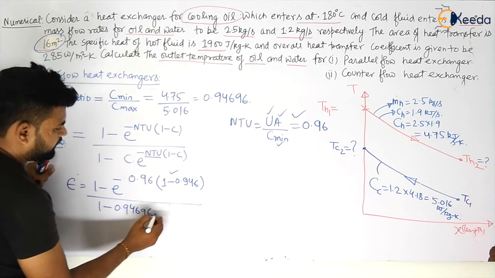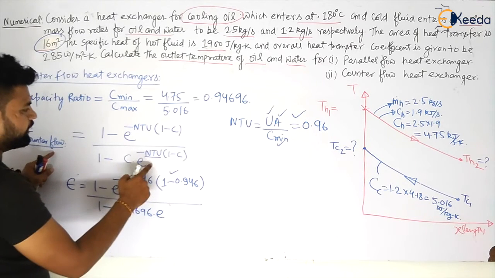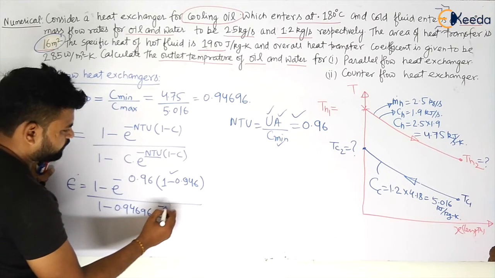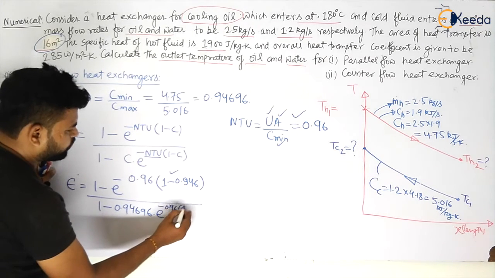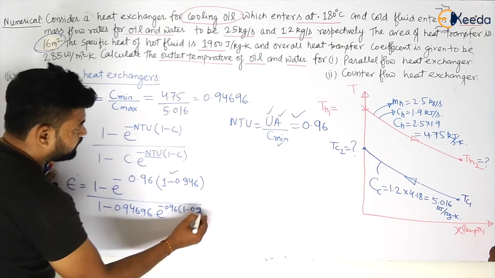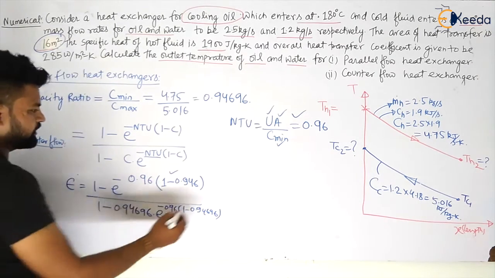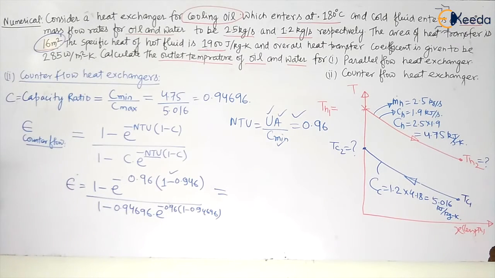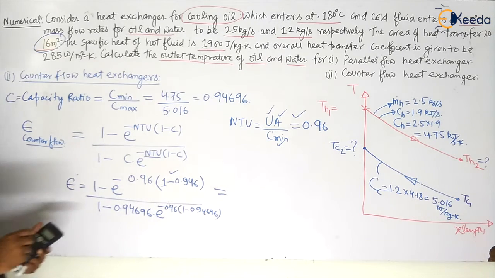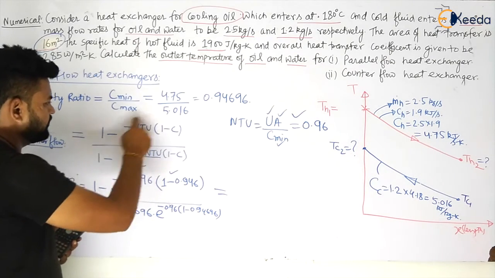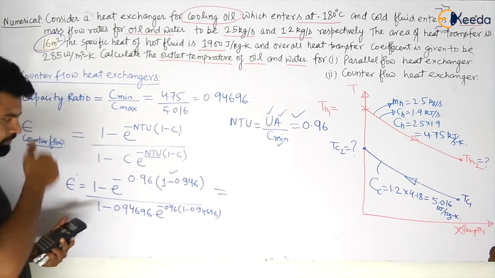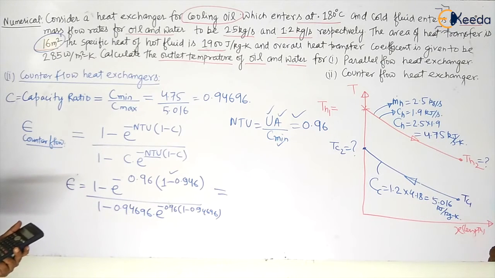It is 0.94696, multiplied by e to the power minus NTU. What is the value of NTU, my dear students? That is 0.96 into 1 minus 0.94696. Let us calculate the value of effectiveness. Let us first calculate the value of this part; if I assume it to be x, this will become simple because there will not be any error then.